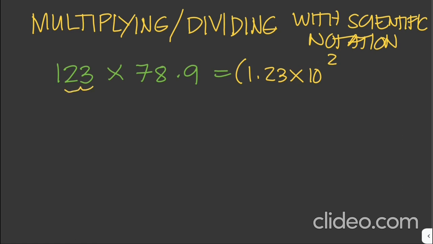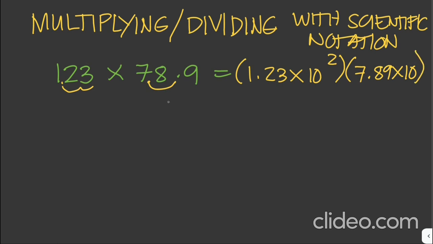So we move 2 decimal places to the left, and that would give us a positive exponent for our base. For the other number, our decimal point is here, so we move it to the left once, because 7 is less than 10. So that number would be 7.89 times 10 to the power of 1, or just simply 10.